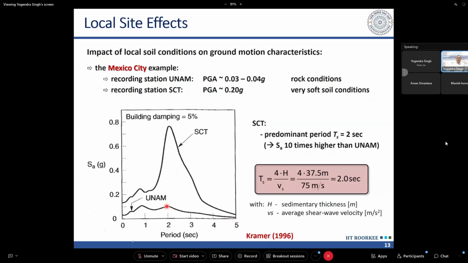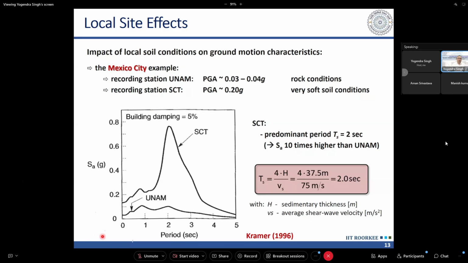So we got energy focused here in a particular range. It got intensified, and here we can see that the acceleration is quite large, 0.8 g. From 0.1 g, it increased to 0.8 g, an 8 times increase due to this soil amplification. So this local soil condition can create a lot of difference.